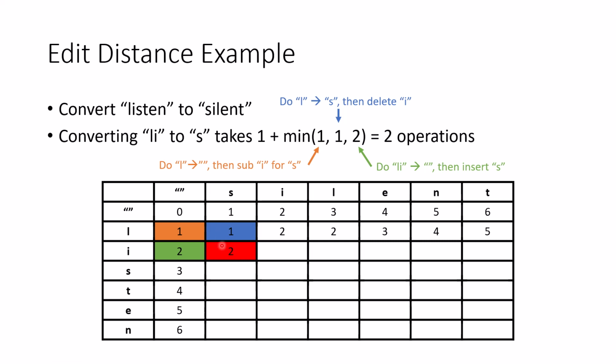We can also go from L to S, and then delete the last character of Li, which is I, to get the S. And similarly with insert, we go from all of these characters Li to the first B minus 1 characters, so nothing, and then we just insert the S. We're doing the same thing. We're going to get the minimum of all of these 3, which is one of these 2, so 1, and just add the 1.